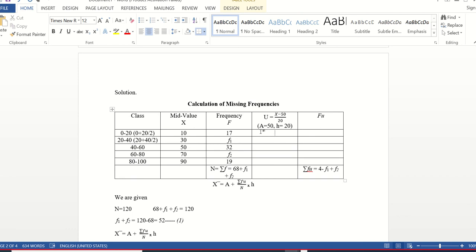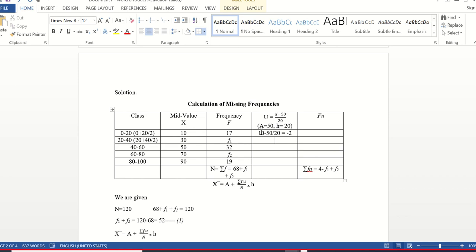X is first 10, minus 50, the assumed mean, divided by the class interval H, which is 20. So 10 minus 50 is minus 40, and minus 40 divided by 20 is minus 2.